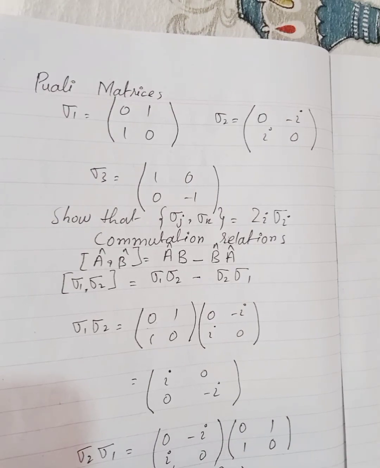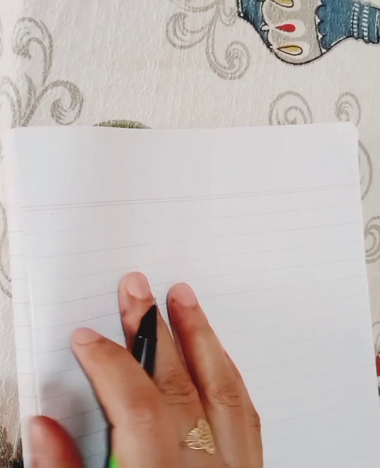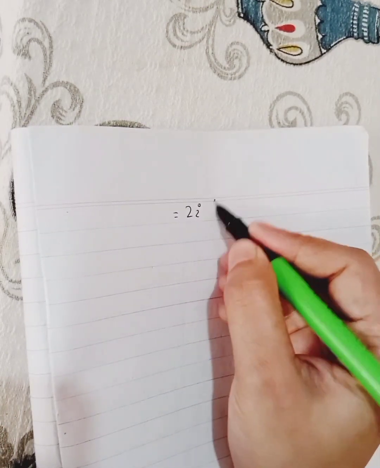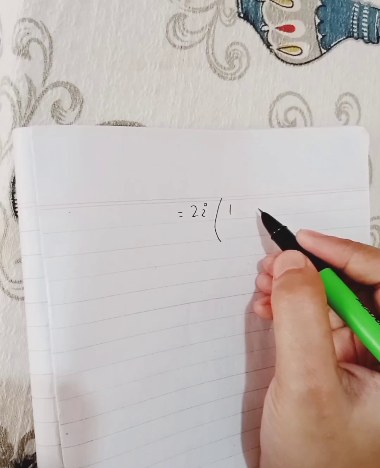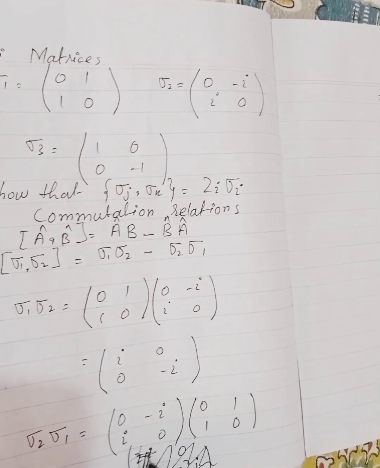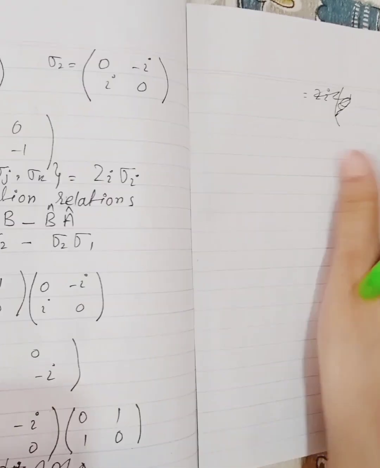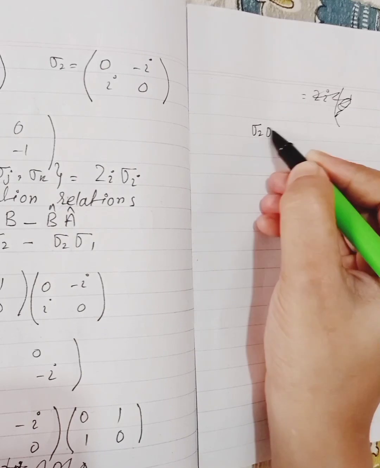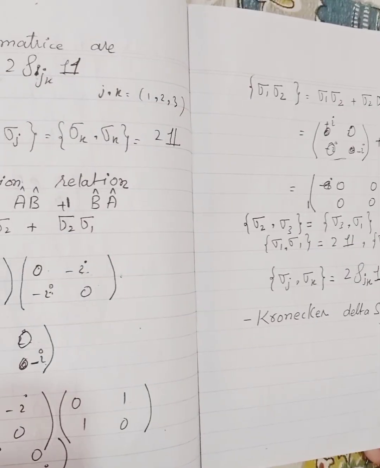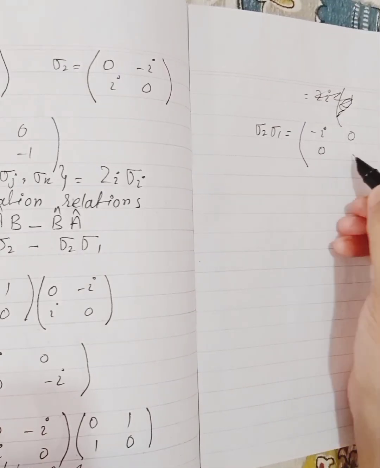After multiplication we take common 2i, 1 0. When both matrices are multiplied, we have sigma 2 sigma 1 is equal to minus i 0, 0 i.